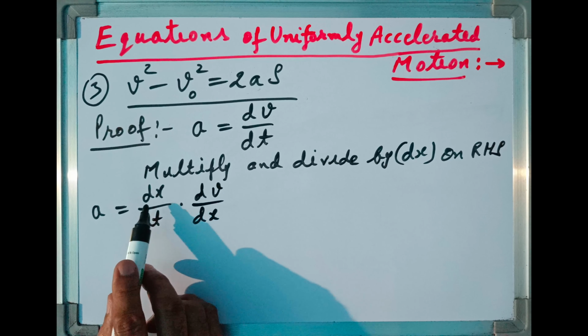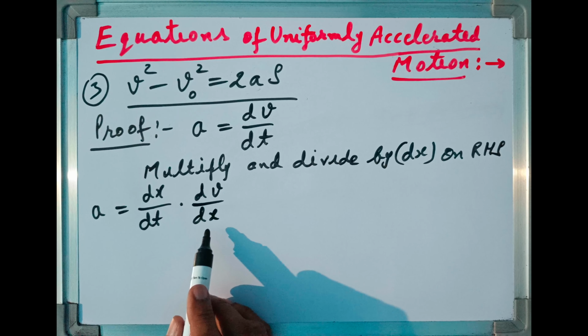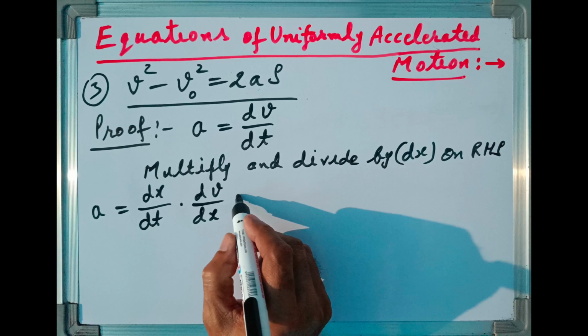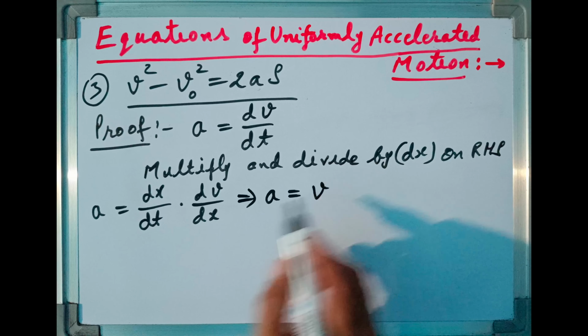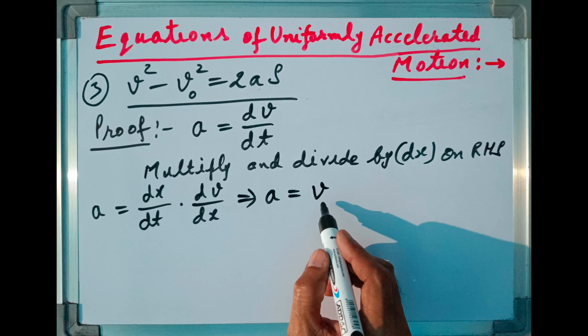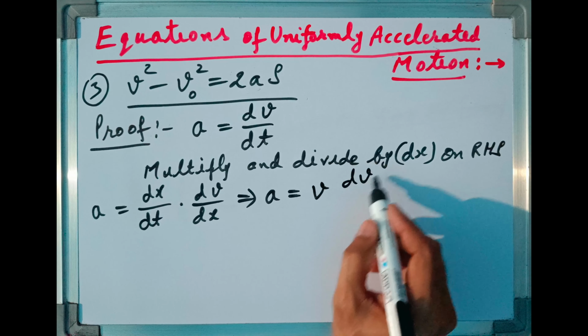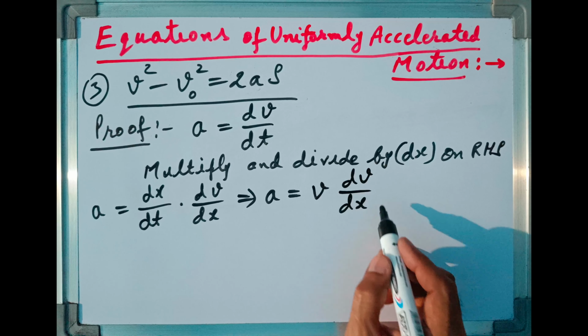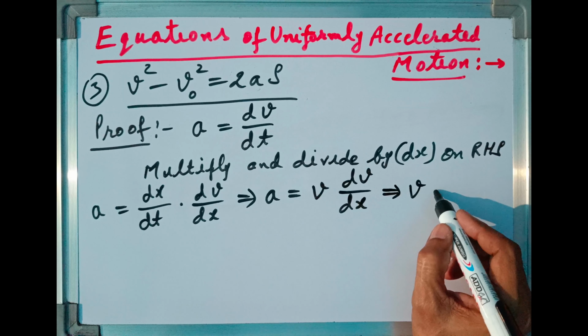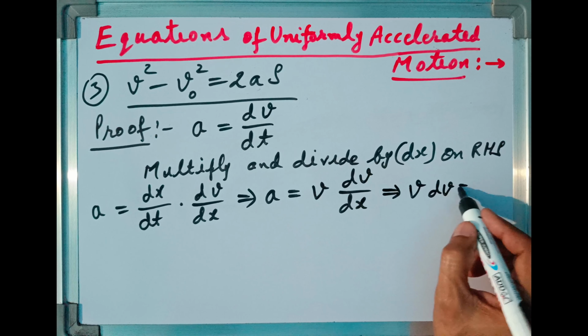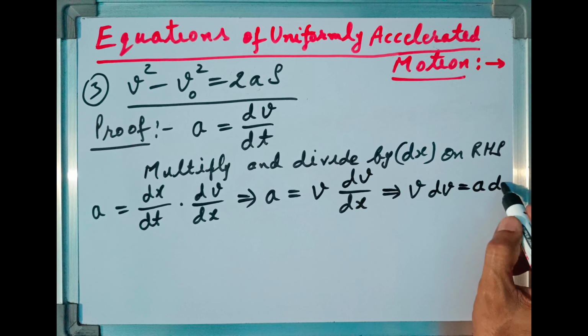I have multiplied by dx and also divided by dx. This can be written as a is equal to v dv by dx, because dx by dt can be replaced by v. This will give us, after cross multiplying, v dv is equal to a dx.